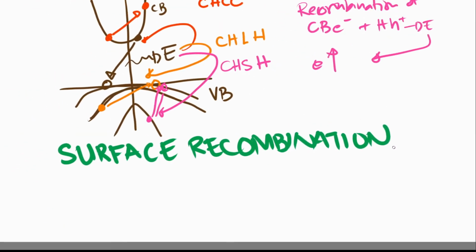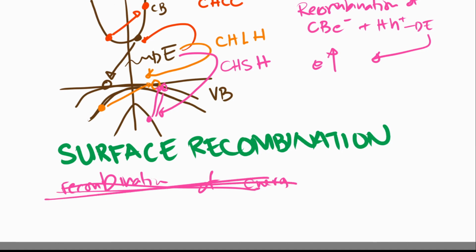And lastly, we have surface recombination. You saw that surface recombination takes up only a little space, because this is just the recombination of energy.